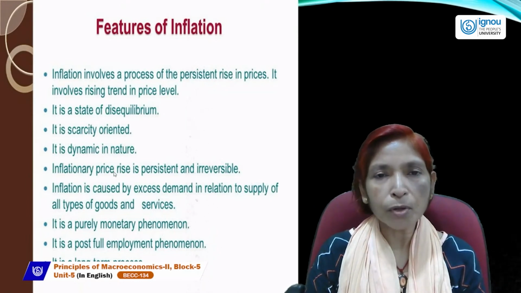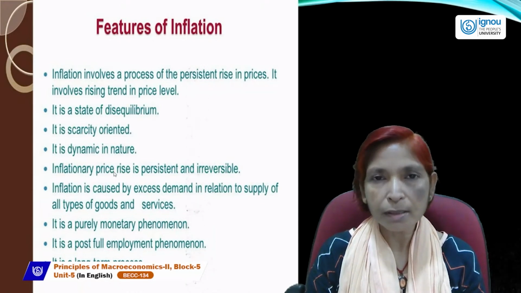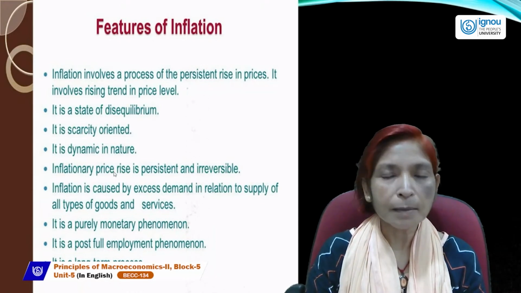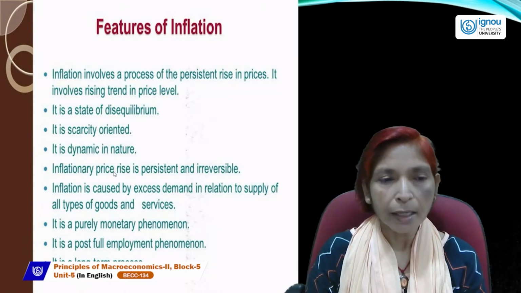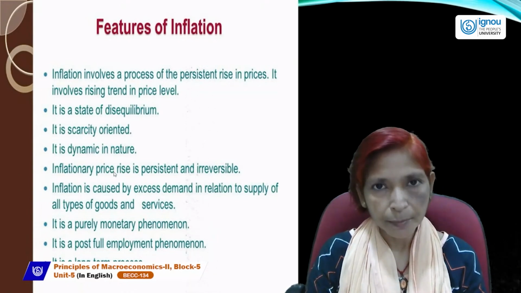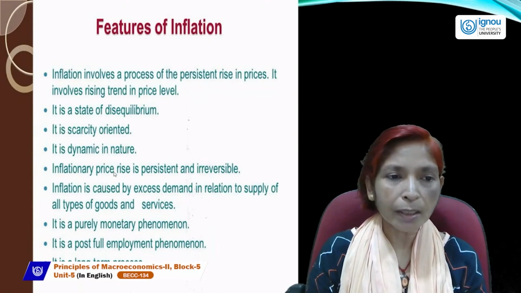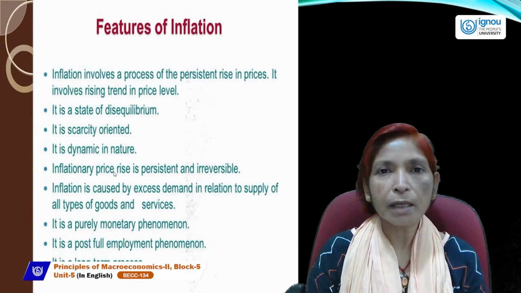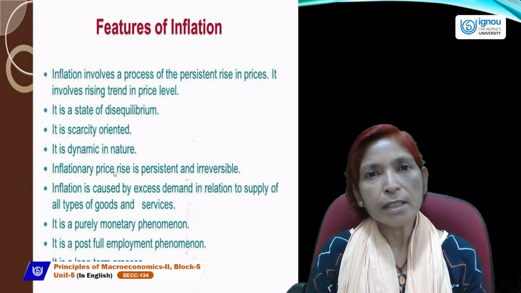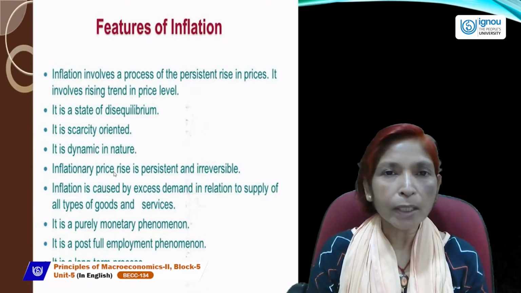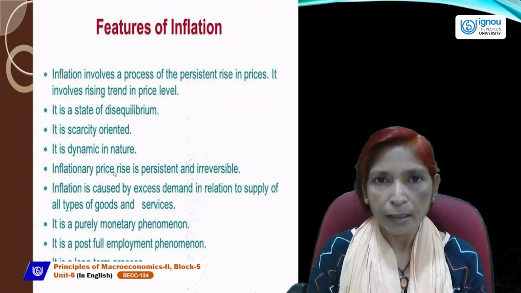If government imposes more taxes on producers and provides fewer subsidies, then price level will increase and inflation occurs. Price can also increase due to increase in oil prices. As you know, petroleum product prices are regularly increasing.